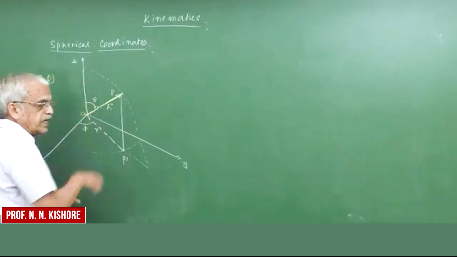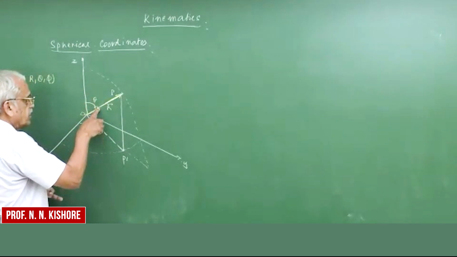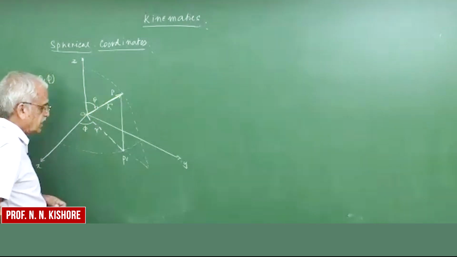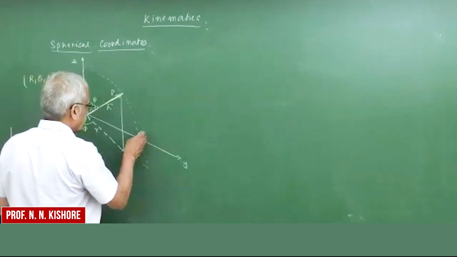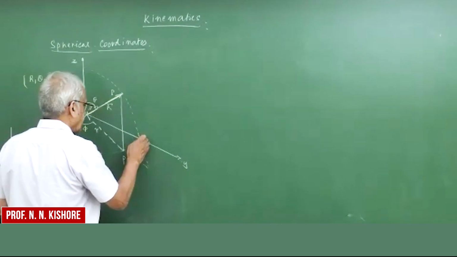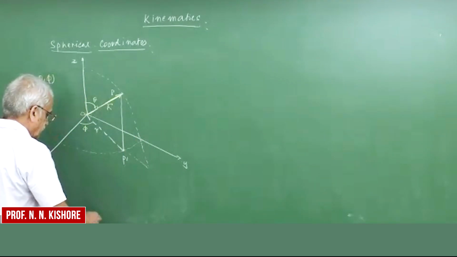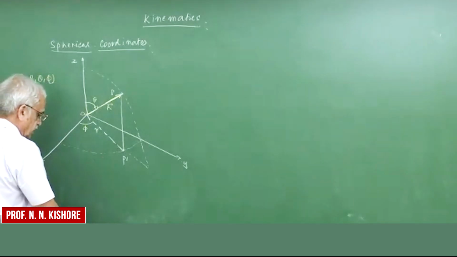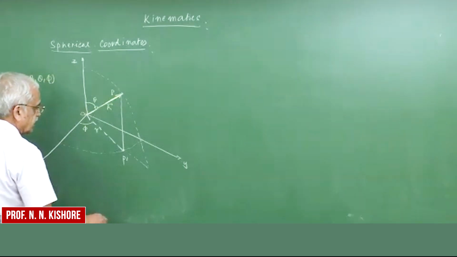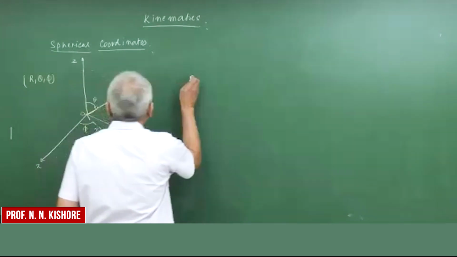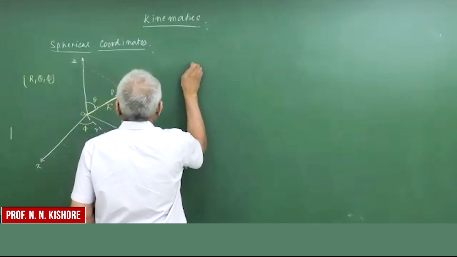Phi is elevation, so they put this as phi and this as theta. In any case, let's try to understand. The basic coordinates here are r, theta, phi. It's very easy to understand.